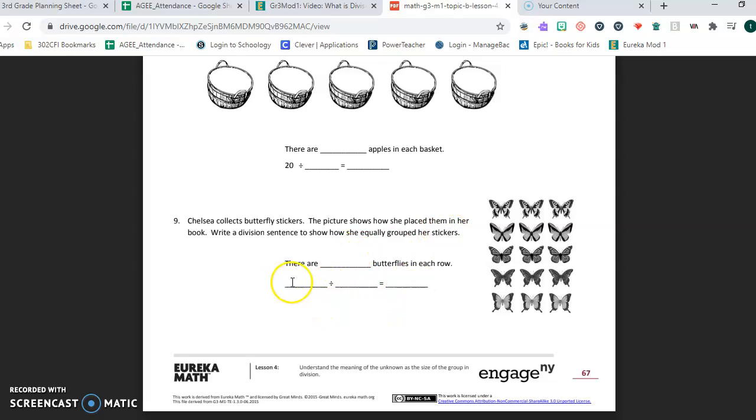Now, if you wrote it the other way and put the total number of items divided by the number of rows to get the number of butterflies in each row, that would be okay with me. But just to focus on what they're asking you to do, they're asking you to write a division sentence to show how she equally grouped her stickers. So they want you to end up with the number of equal groups.